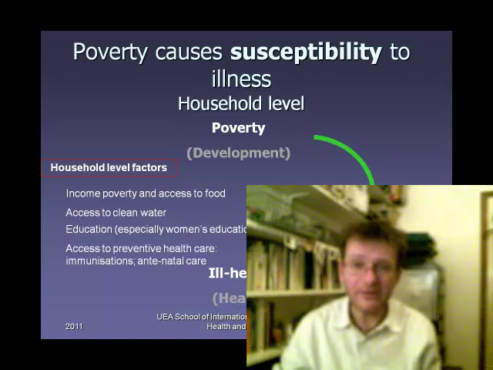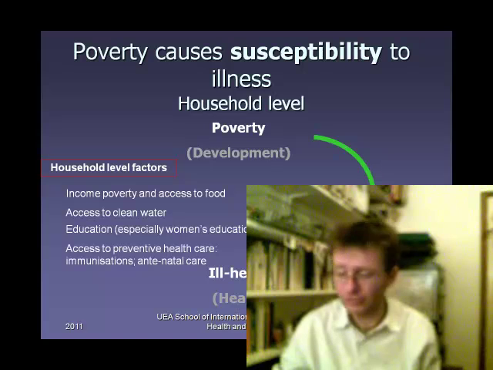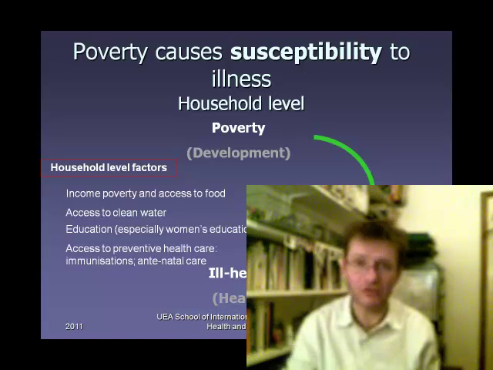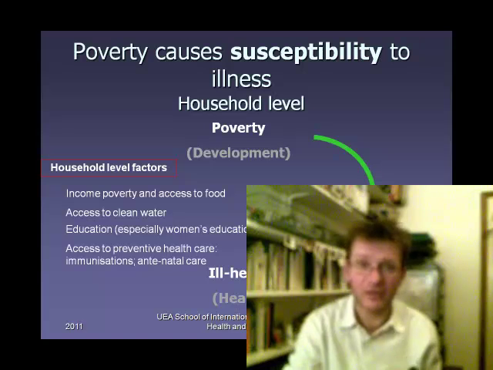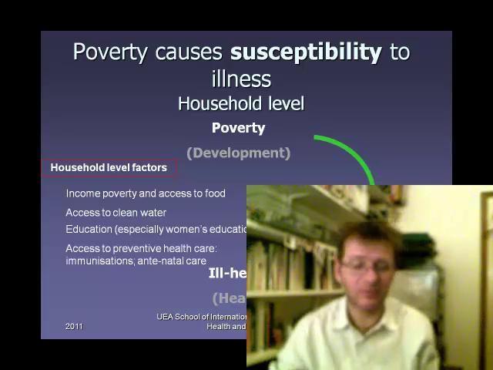Access to preventive healthcare to stop you becoming ill is also crucial, and that's things such as immunisations or inoculations against certain diseases. So immunisations against measles, tetanus, mumps. These are all vital things to make babies more resistant and less susceptible to illness.